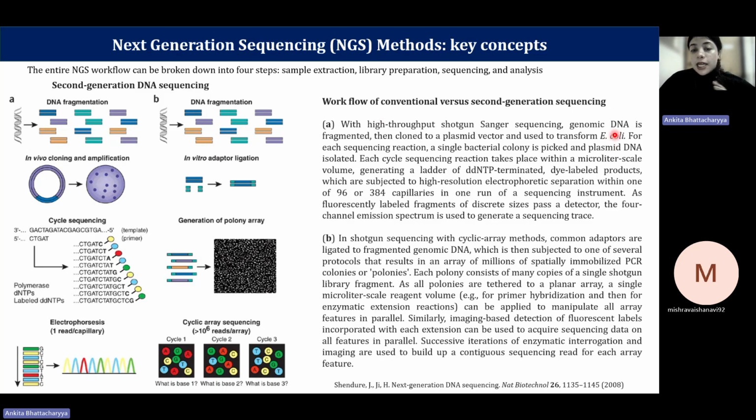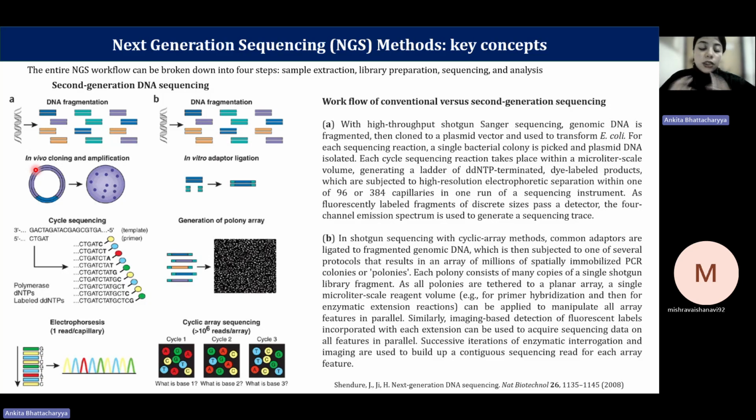Next, what happens is that for shotgun Sanger sequencing, the genomic DNA after fragmentation is cloned into a vector of your choice, and then it is used to transform E. coli. So I'm assuming if you are already familiar with basic microbiology techniques, it would be easy for you.